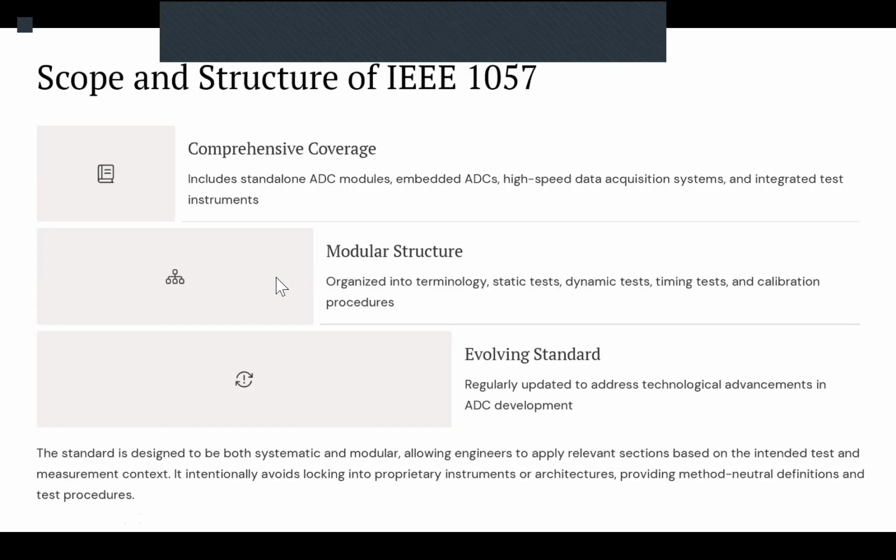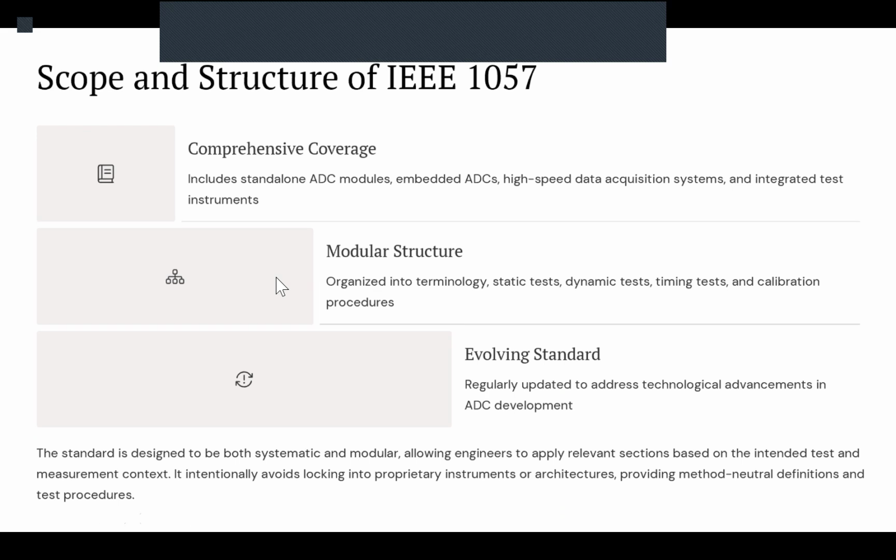Now, IEEE 1057, as we said, was designed to support a broad range of ADCs. This standard does not limit itself to a specific industry or application.